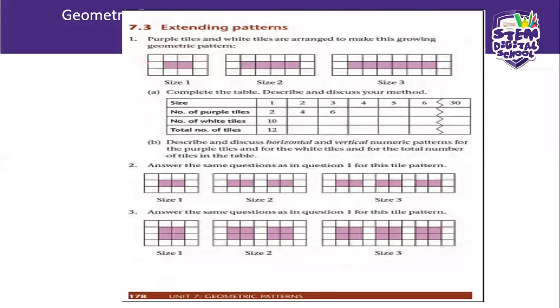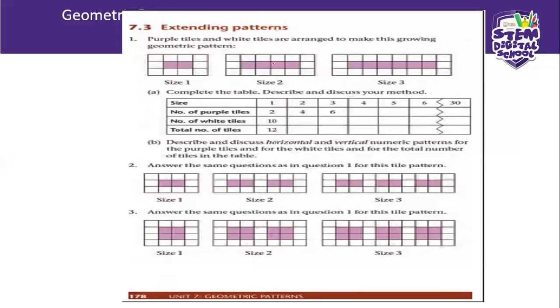All right. Okay, I hear you. Right, guys. So here we've got 3 different patterns, right? Size 1, size 2, size 3.